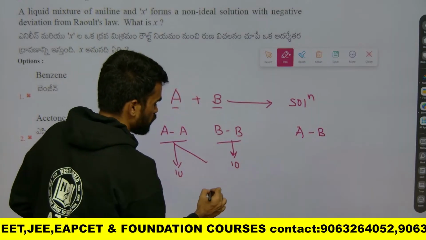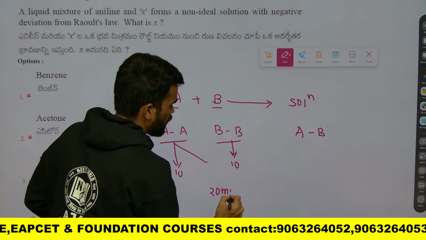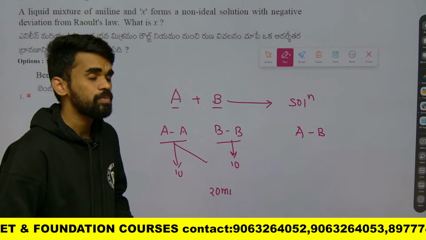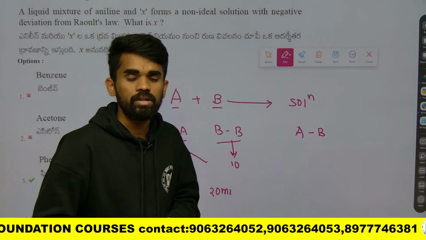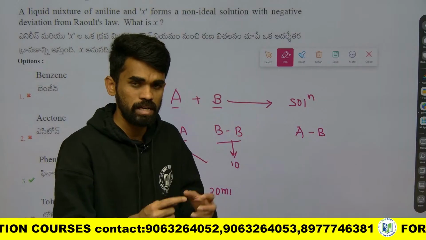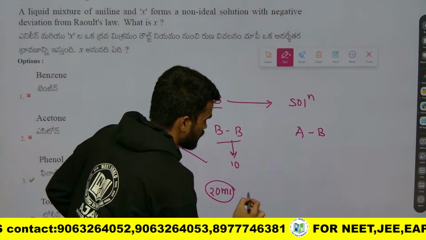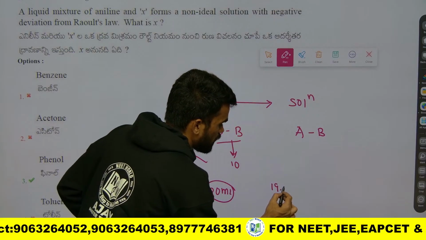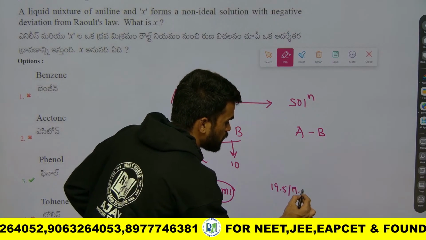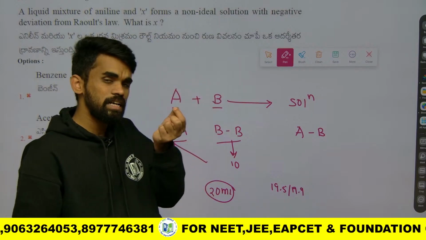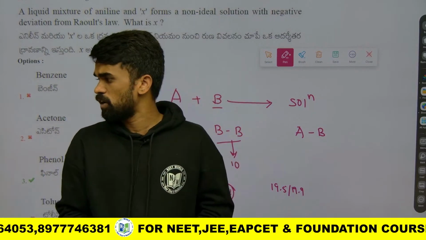Now after mixing we would expect 20 ml of solution, right? So when it is having negative deviation, negative deviation means the interactions are more, so the volume you can expect should be lesser than 20, that may be 19 or 19.5 or 19.99, something like this. So at least some little variation in the resultant volume will be seen.